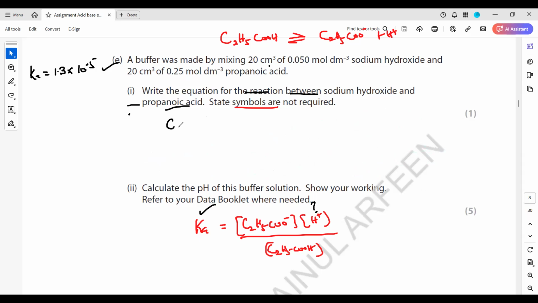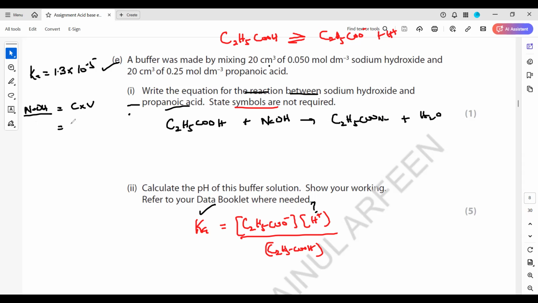So if I write the equation again, like C2H5COOH was reacting with sodium hydroxide to form sodium propanoate plus water. First, we'll find the moles of sodium hydroxide. So moles will be concentration into volume.